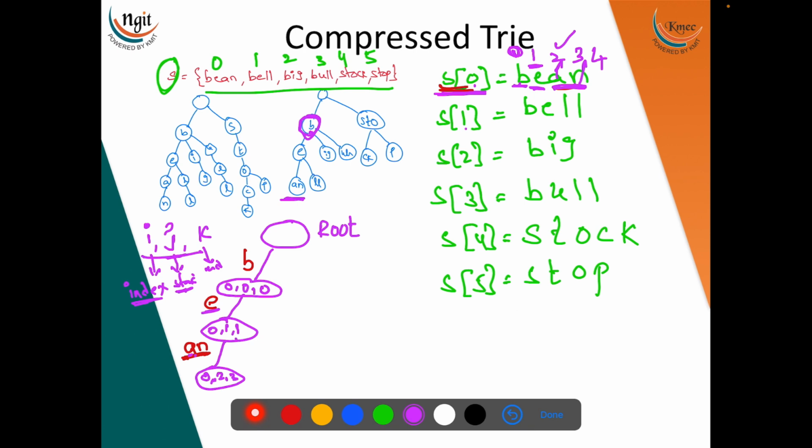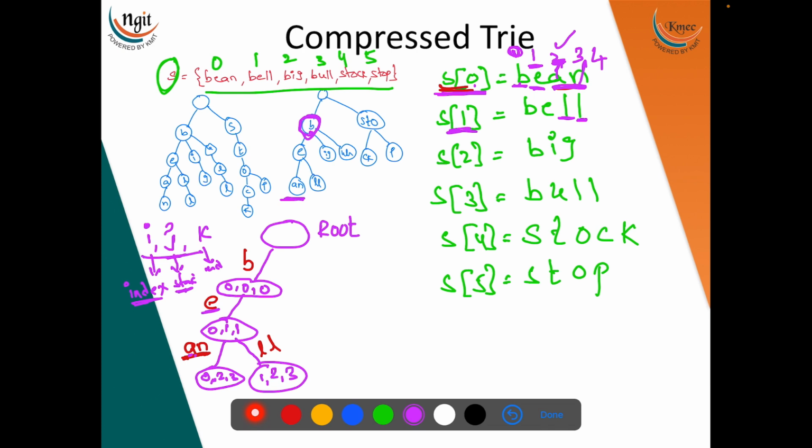Now let's see about LL, from bell. Where will LL get placed? LL also belongs to 1 index, bell 1 index. So 1 comma. L has started at the second and L is ended in the third. So 1, 2, 3, bell is done.